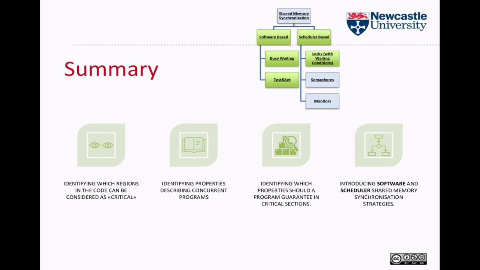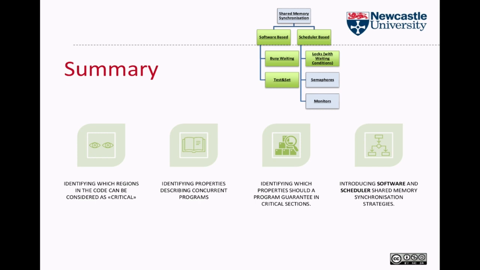Okay. So in summary, what we're going to talk about today is the things that you see in green in the diagram above. We're going to see software-based solutions, which are busy waiting. Why? Because in busy waiting, I just wait for a condition to happen, and so I'm not using anything at all on the architecture for that.